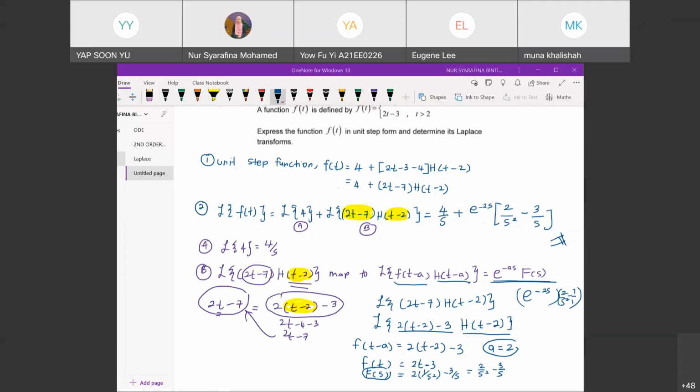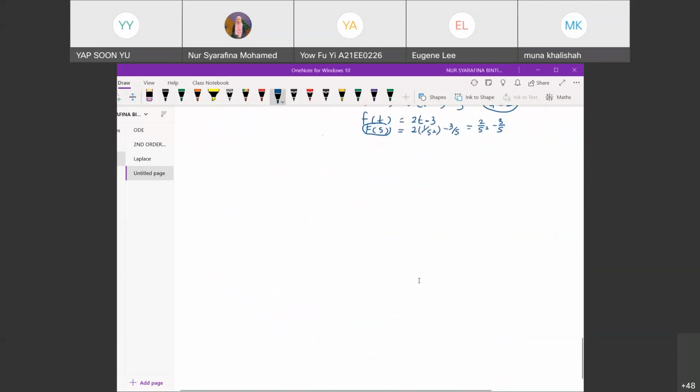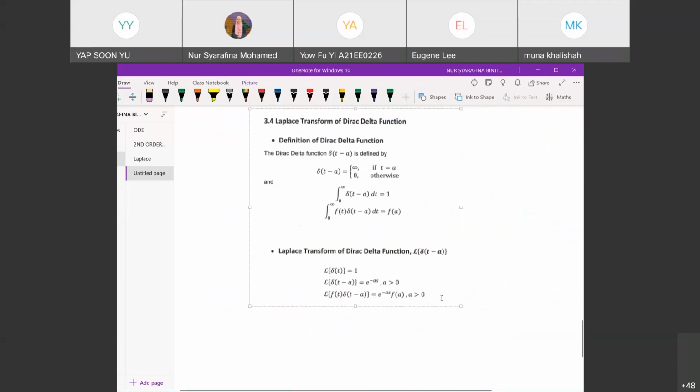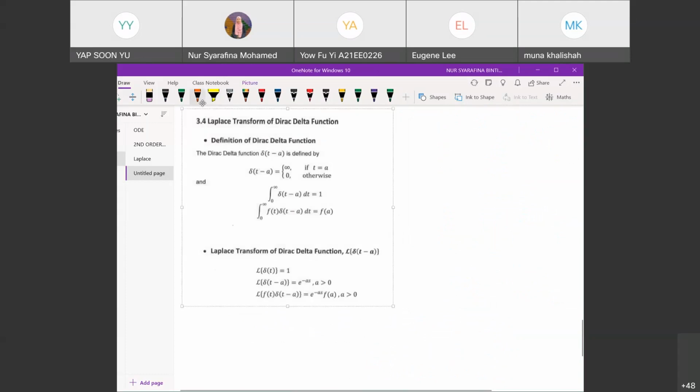Okay. All right. Another type of special function is the Dirac delta function. We have done with the unit step function. Now it is the Dirac delta function. The transformation of the Dirac delta function is quite easy.